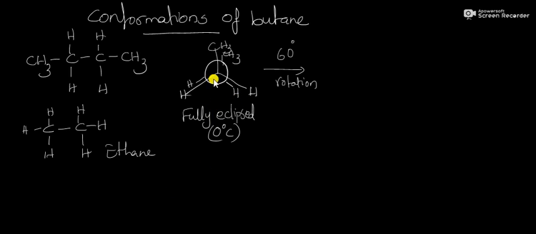This is the fully eclipsed conformation of butane. Here fully eclipsed means both the bulky groups are in near phase. That is fully eclipsed conformation, a completely sterically hindered conformation. When this conformation rotates 60 degree, what will be another conformation?